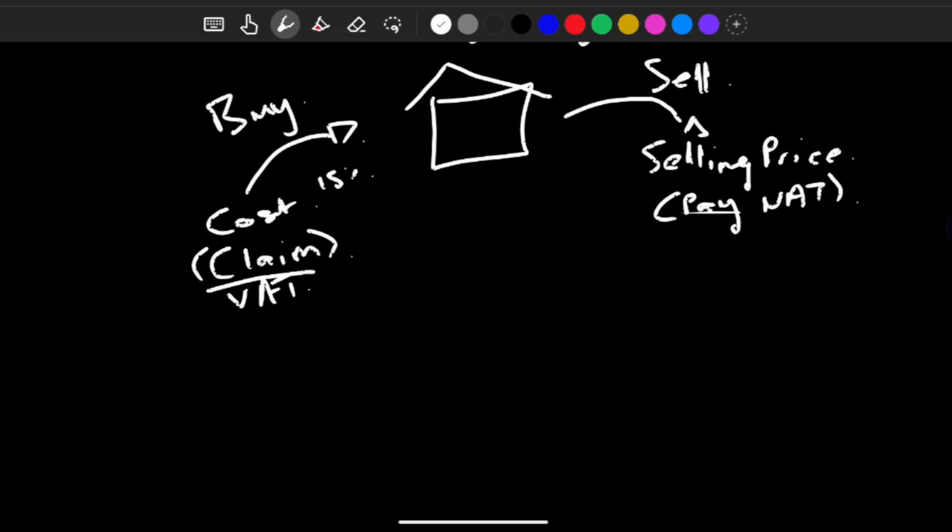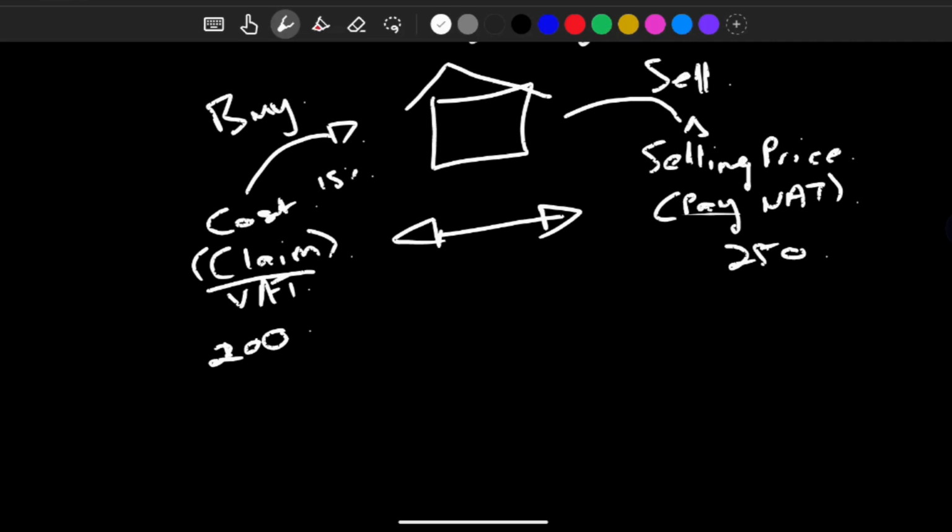Now the difference between these two is where you calculate it and you pay your VAT. So if you bought at whatever amount you bought, and then we calculated the VAT to be, let's say, 200 rand, and then you calculated the VAT that you must pay to be 250 rand, right?